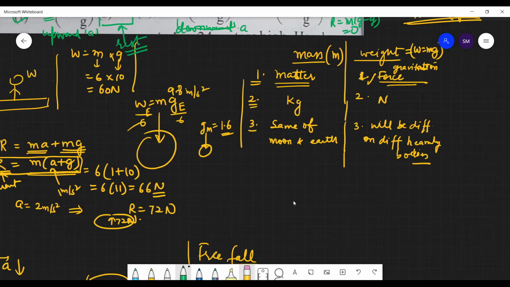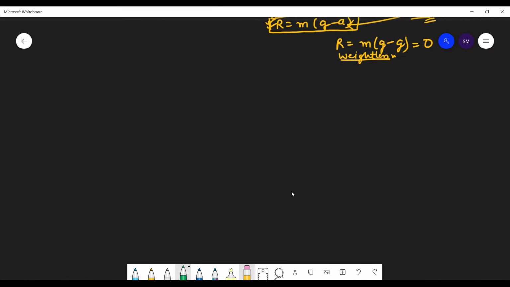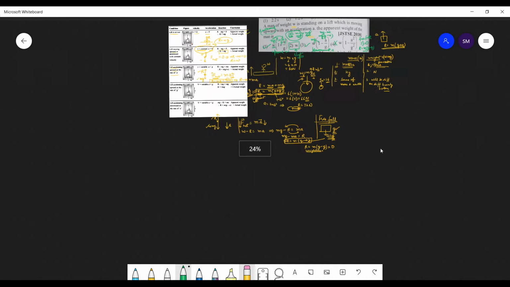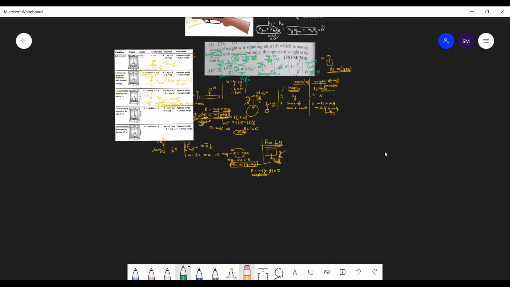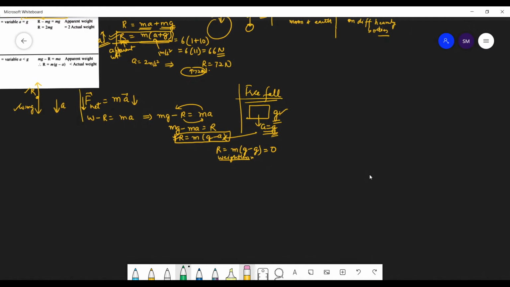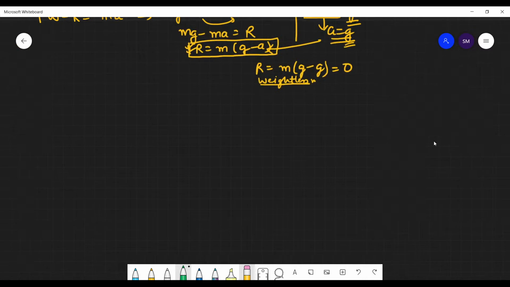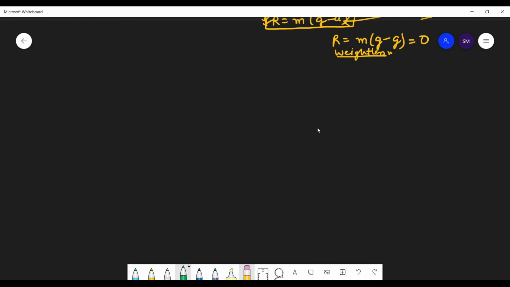Okay, students. So let us do the next question. Now we'll do a question of graph. We haven't done any question of graph today. So we have to tell what this graph is telling us.